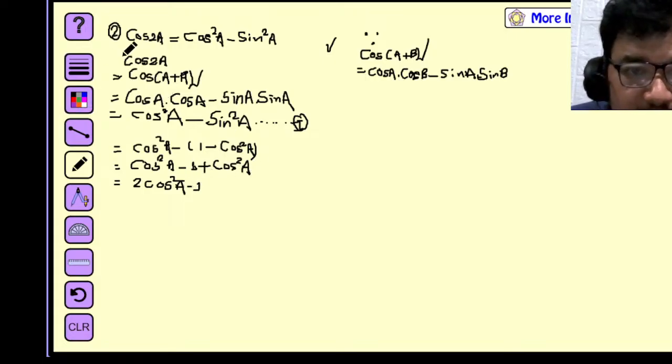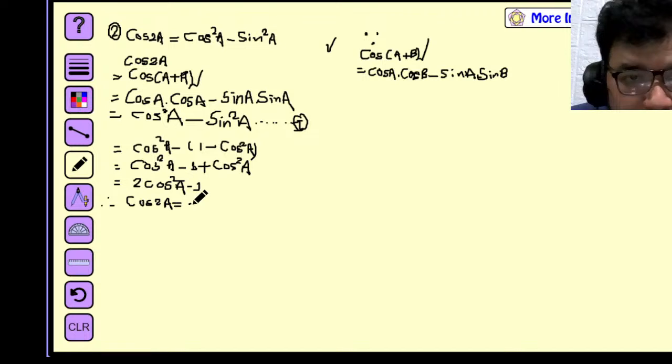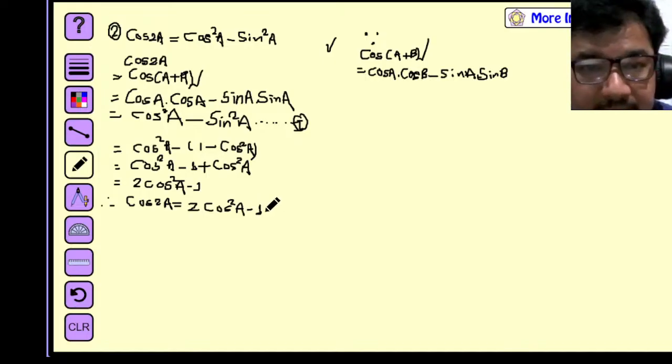This is the second relation of cos 2A. Therefore cos 2A equals 2 cos square A minus 1. We can write it like this.